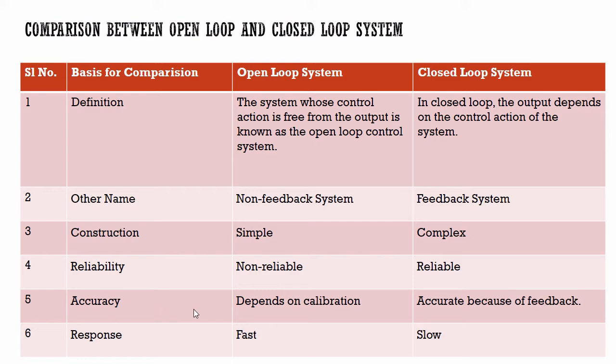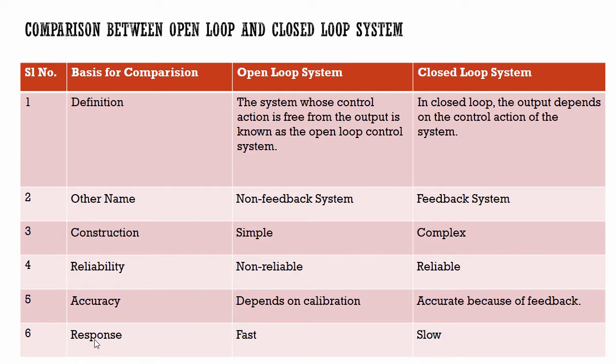Next is accuracy. The accuracy of the open loop system depends upon the calibration of the devices used. The closed loop system is always more accurate compared to the open loop system, because there is feedback functioning between output and input.